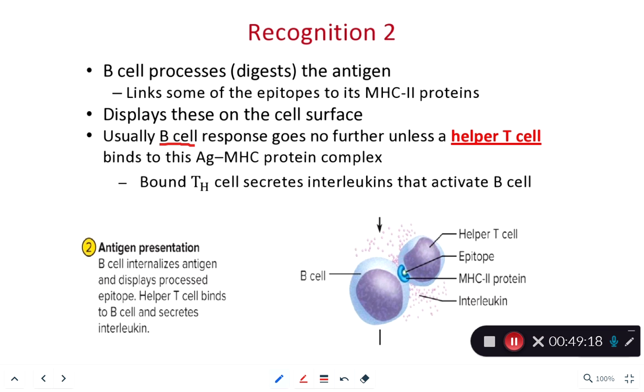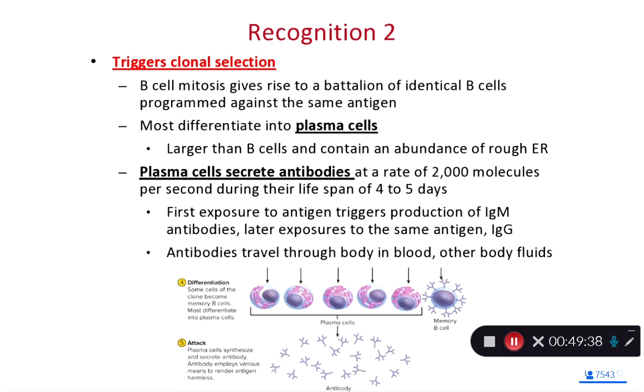After that B lymphocyte that's acting as an antigen-presenting cell activates the helper T cell, that helper T cell releases a bunch of interleukins. Those interleukins serve to activate both the B lymphocyte and upregulate T lymphocyte production as well. Once the B lymphocyte is activated it goes through clonal selection just like the T lymphocyte does. In other words, it makes genetically identical copies of itself.